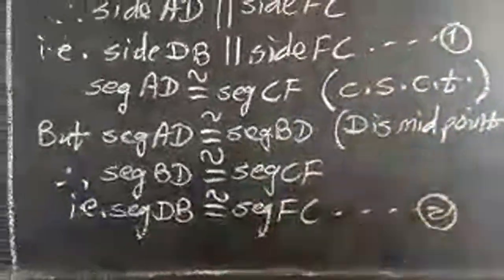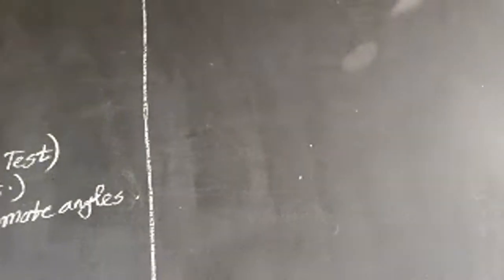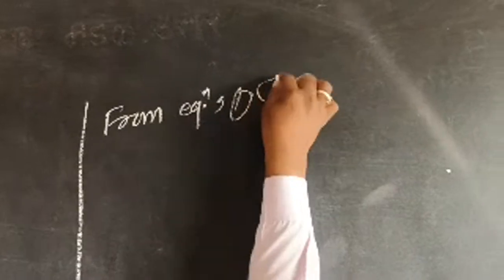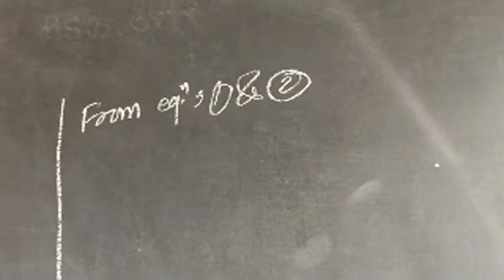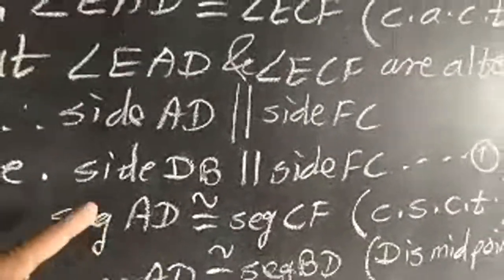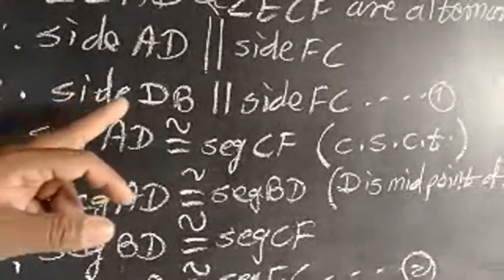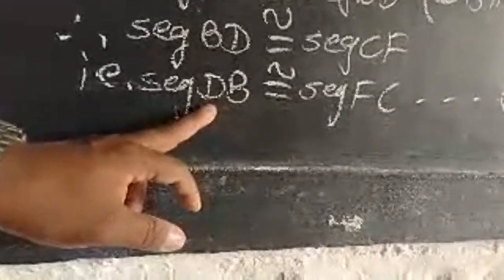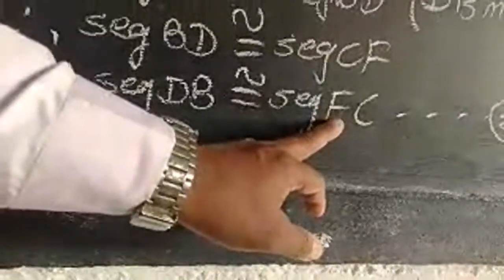From equations 1 and 2: in equation 1, side DB is parallel to side FC, and in equation 2, side DB is congruent with FC.